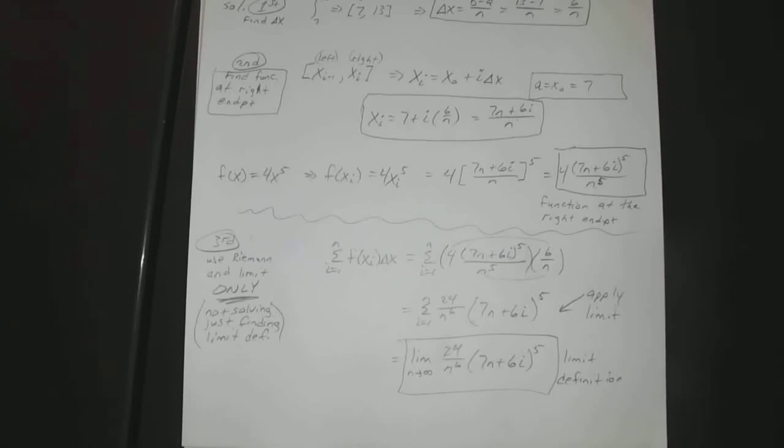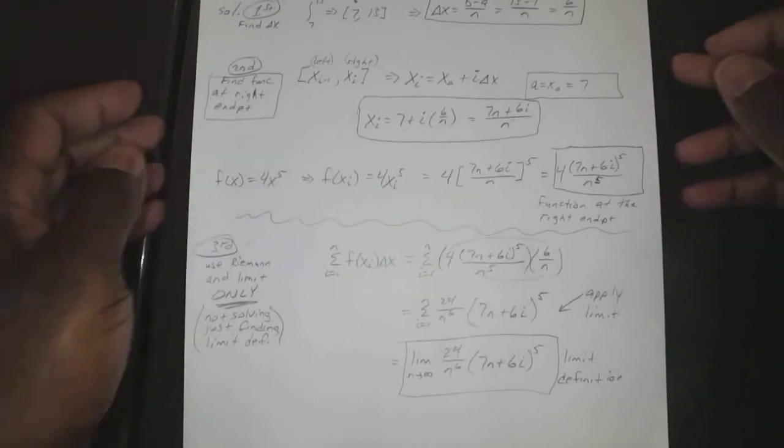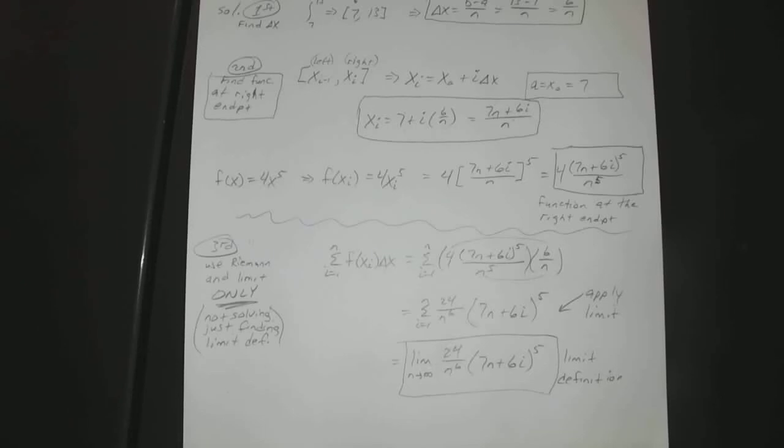So it's a little bit shorter. On most of your problems it'll be multiple choice, so they'll give you 4 different options and you just have to pick the right one. Would there be a scenario where you do the limit with the sum?